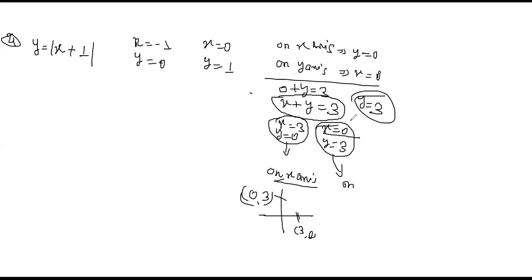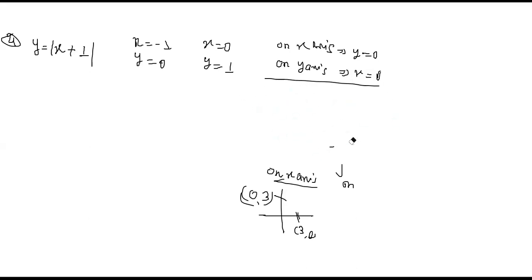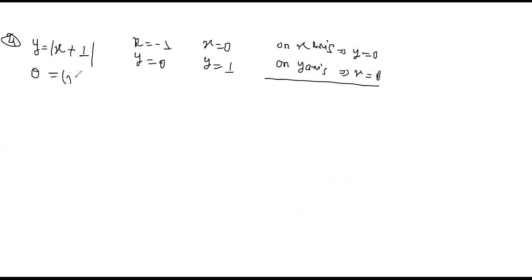It means when you want a point on the y-axis, x is equal to 0. And when you want a point on the x-axis, then y equal to 0. So in the graph, this is the most important: you have to choose the points on the x-axis and y-axis. When you put y equal to 0 in mod of x plus 1, then x plus 1 is equal to 0, x is equal to -1.